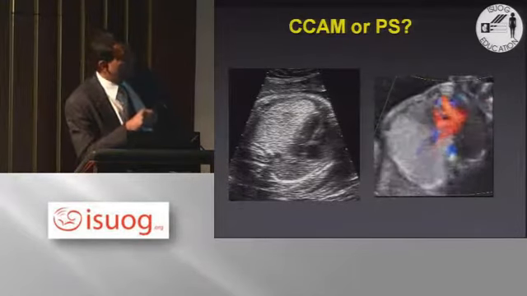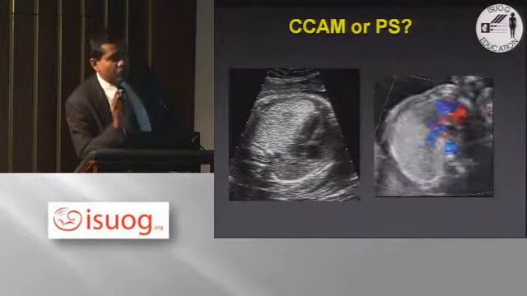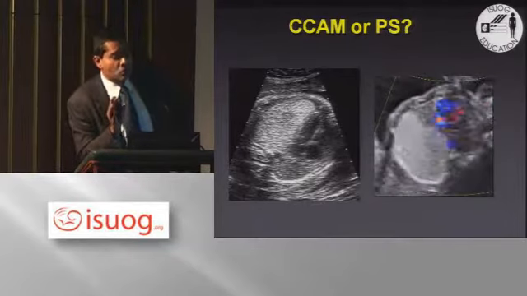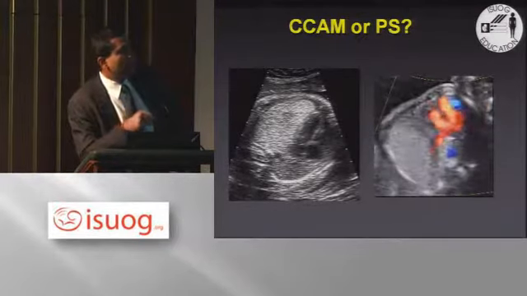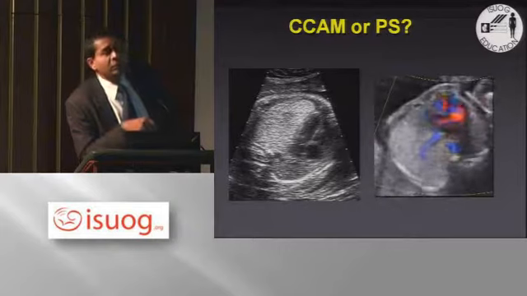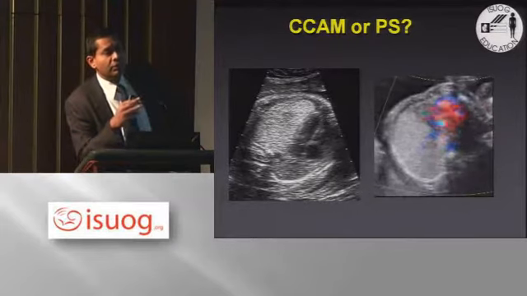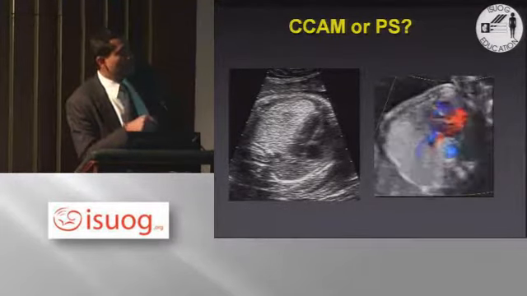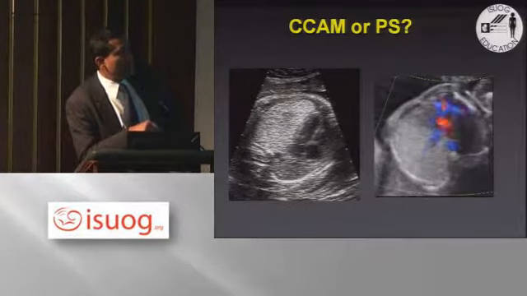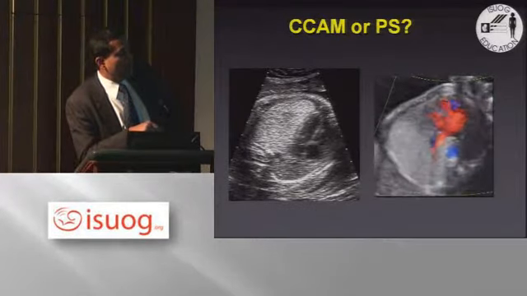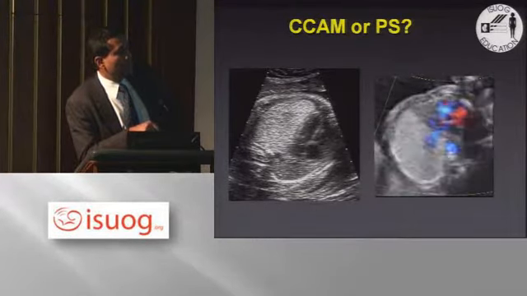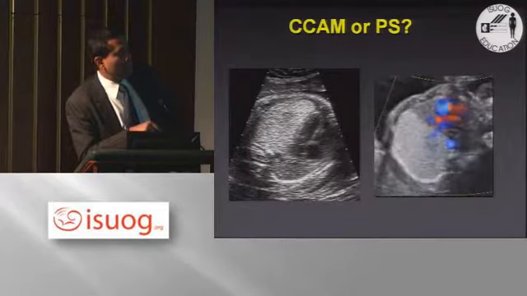The distinction, however, is that pulmonary sequestrations have their own independent blood supply that does not come from the pulmonary artery. Typically, the supply comes directly from the aorta, either above or below the diaphragm. So if you look at this particular CAM, you can see that the pulmonary artery is supplying this CAM, and that the aorta does not have any independent supply.